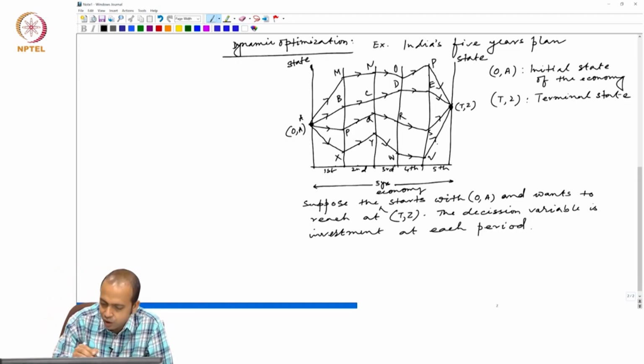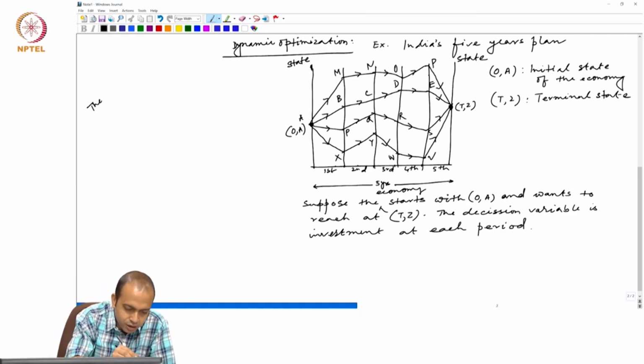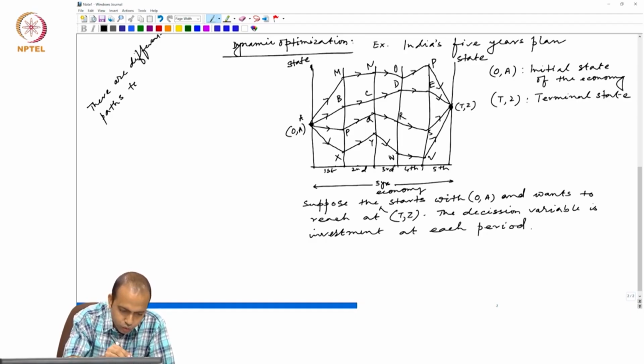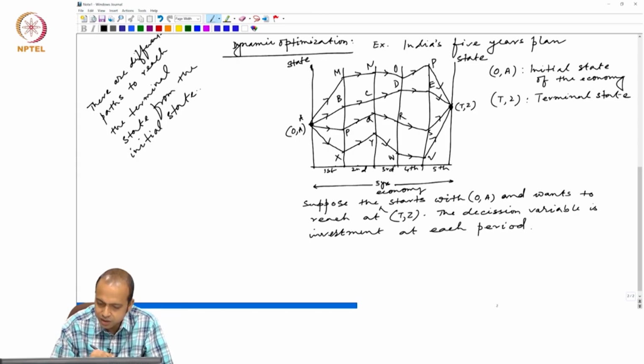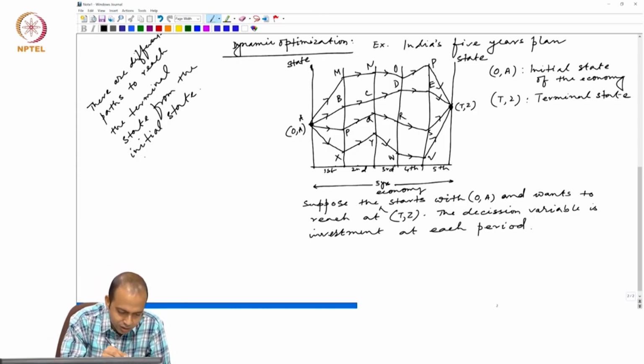So, how will you name these paths? There are different paths to reach the terminal state from the initial state. And what are those paths?